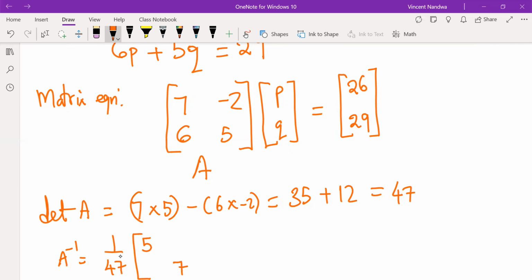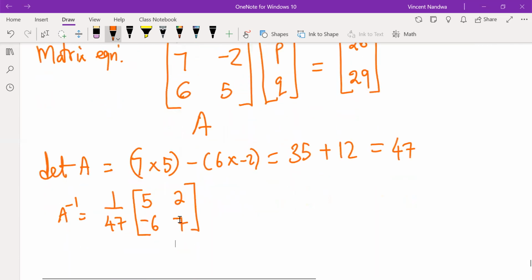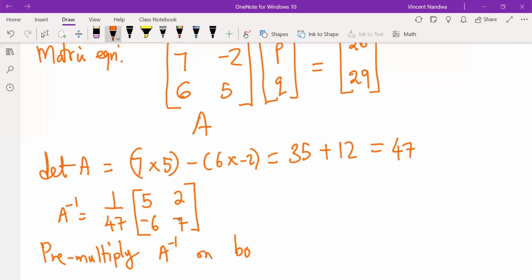Then change the signs of the elements on the other diagonal. So this becomes minus 6. This is positive 2. Then pre-multiply A inverse on both sides of the matrix equation.